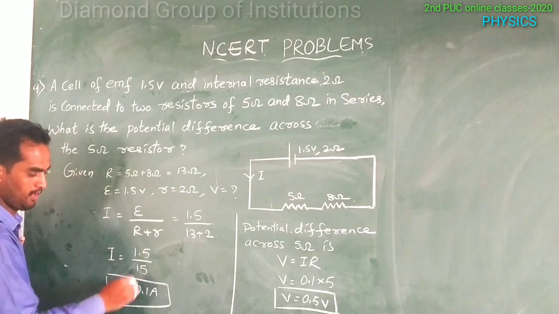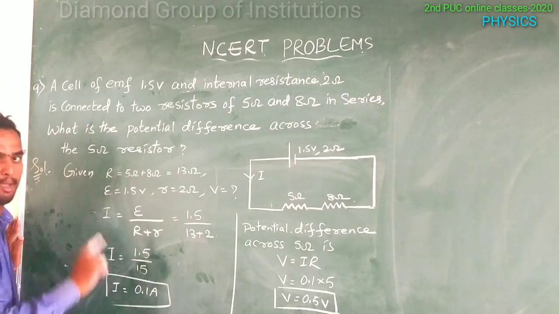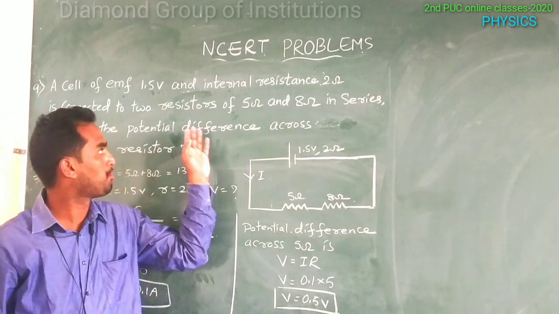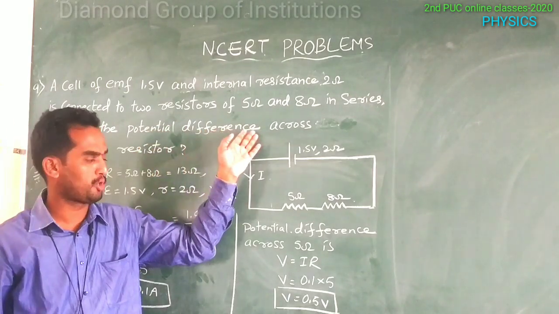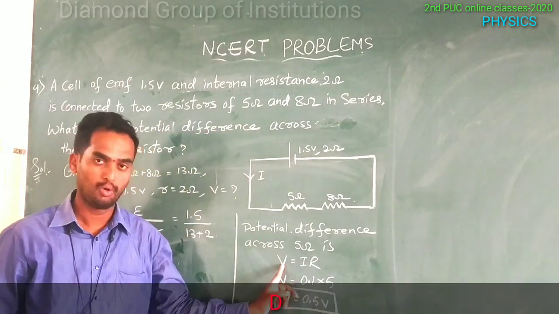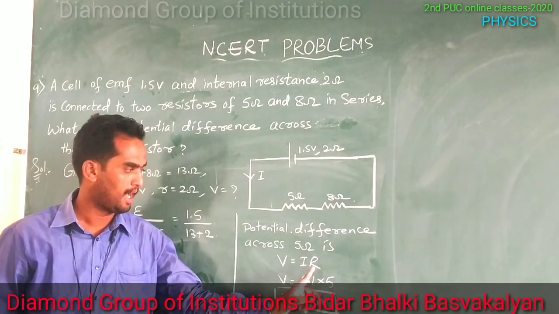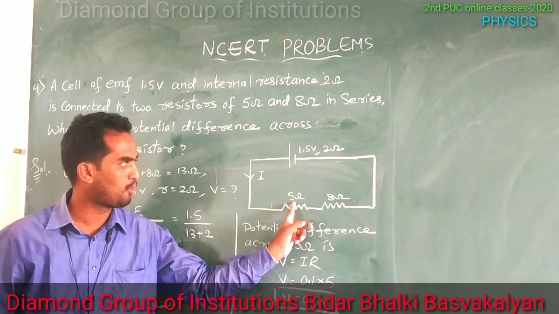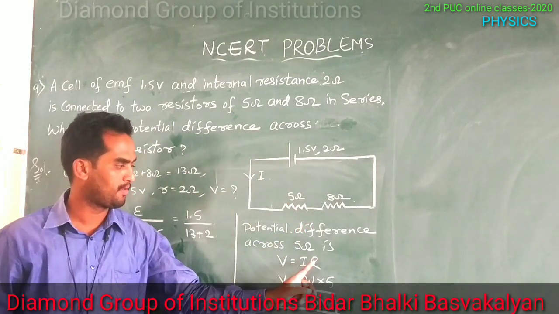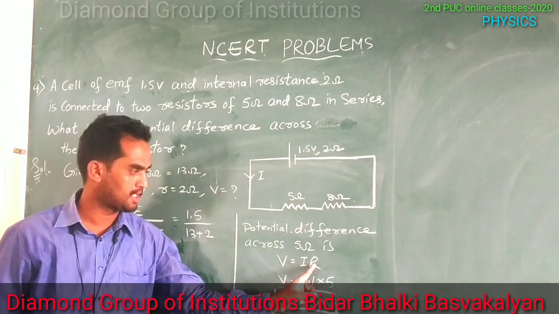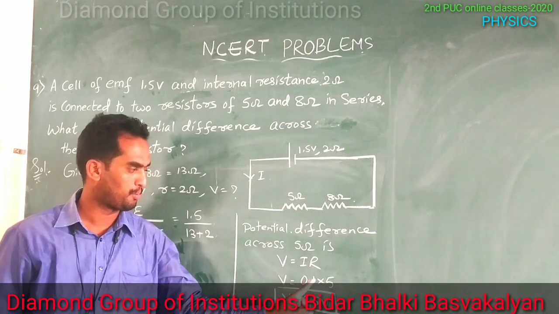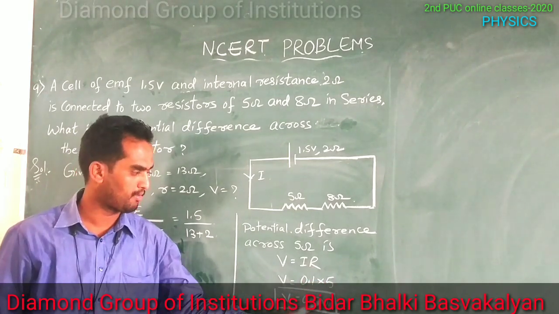And we have to calculate the potential difference. Applying Ohm's law, V equal to I into R, the I value is 0.1 and the resistance across the 5 ohm only is mentioned. That's why we are taking the value of resistance as 5 ohm. 0.1 into 5 becomes 0.5 volt.